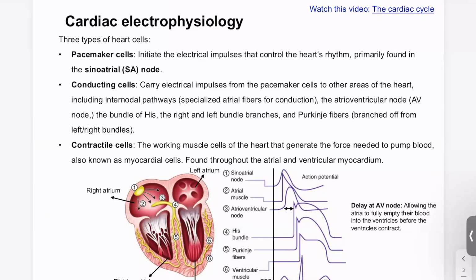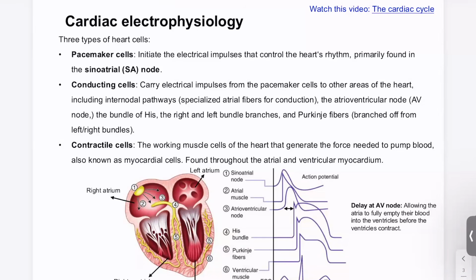Basically, the left and right atrium will contract to push blood into the left and right ventricles. Then next, the left and right ventricles will contract to push blood into arteries. So a very simple description here.